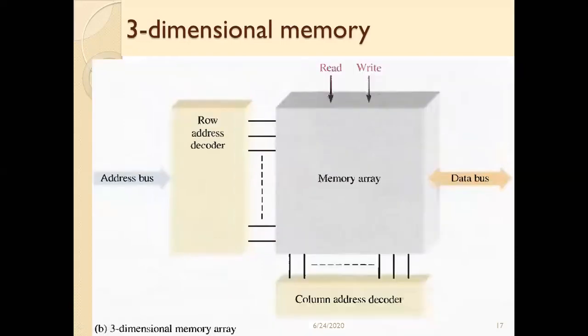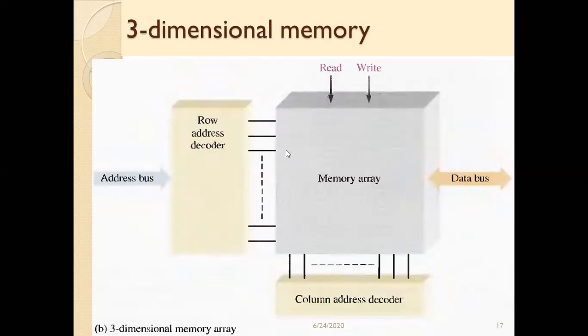Move forward to three-dimensional memory, a memory in which we give the address in the form of rows and columns. Again everything would be the same, but the address is not only the row address, there would also be the column address.